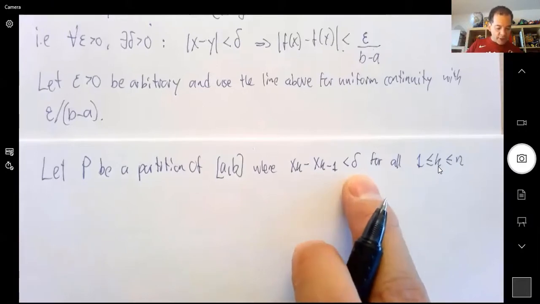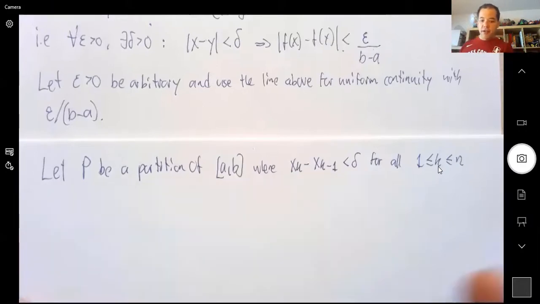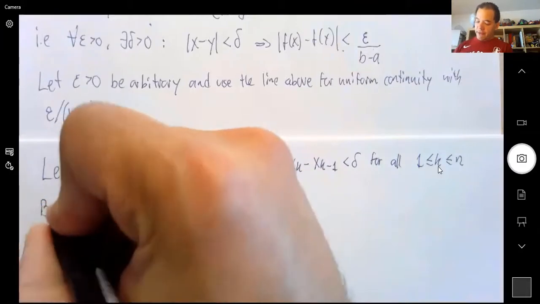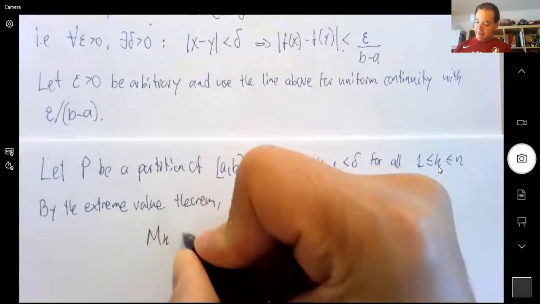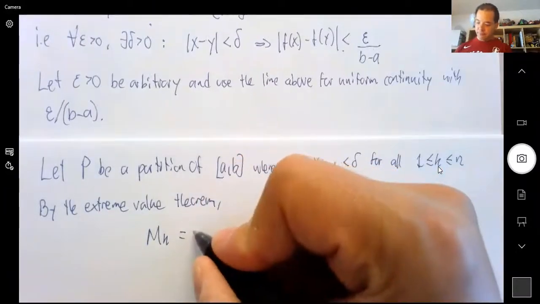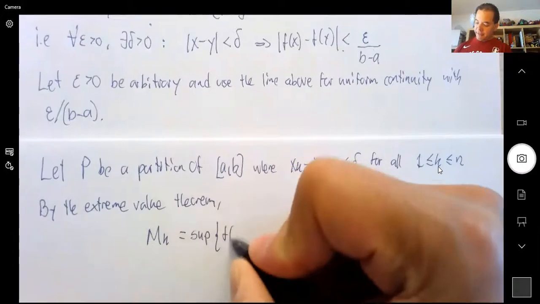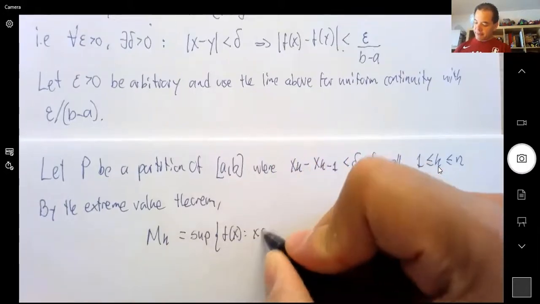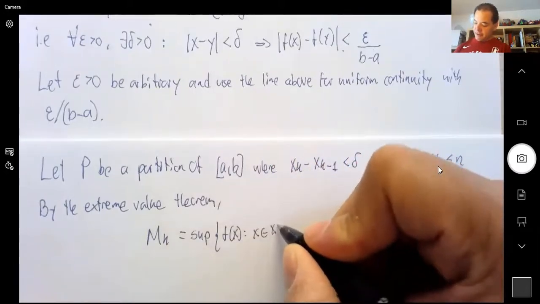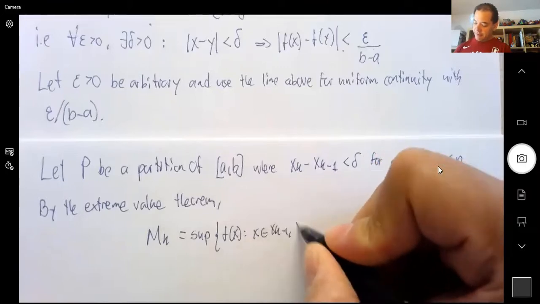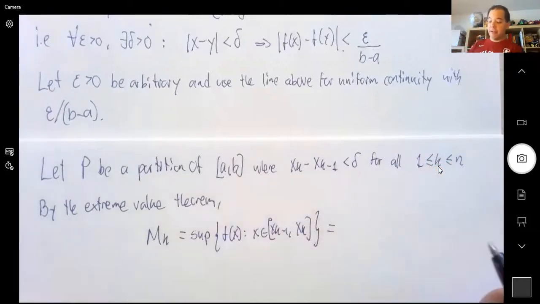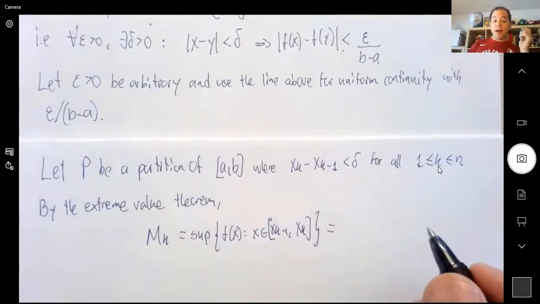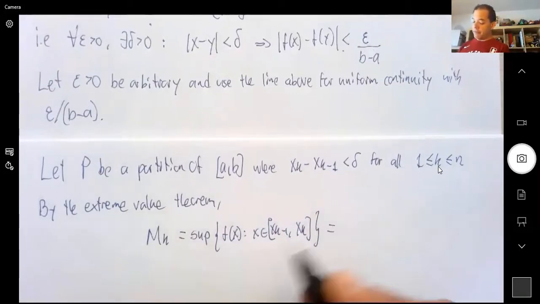This shouldn't be surprising. And now here comes the part that I was telling you. By the extreme value theorem, this supremum of f(x) over the x's in [x_{k-1}, x_k] is actually achieved. By the extreme value theorem, the maximum and the minimum are achieved, so the supremum happens to be a maximum.